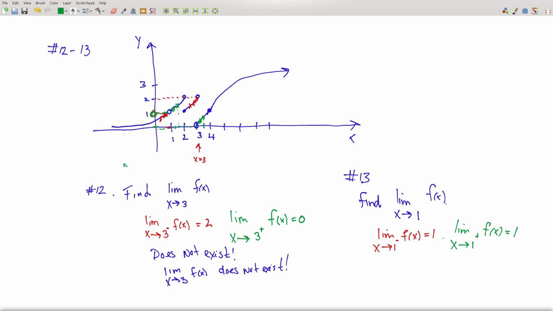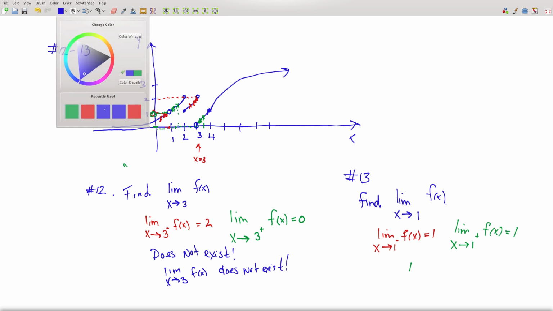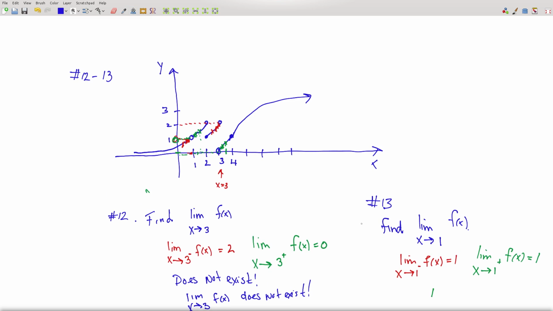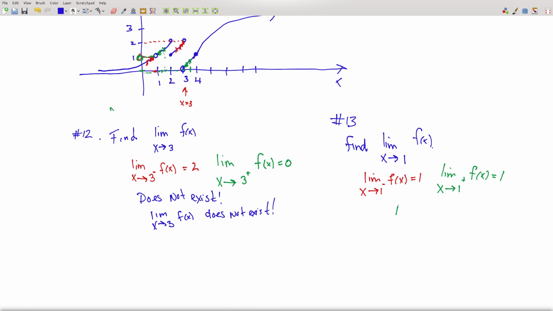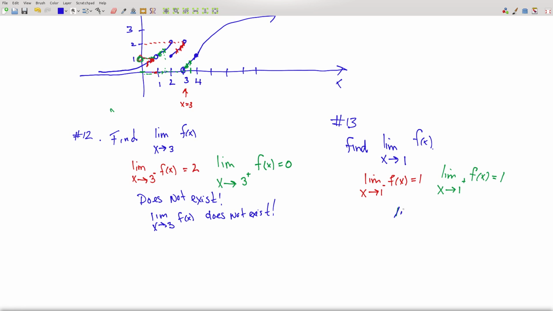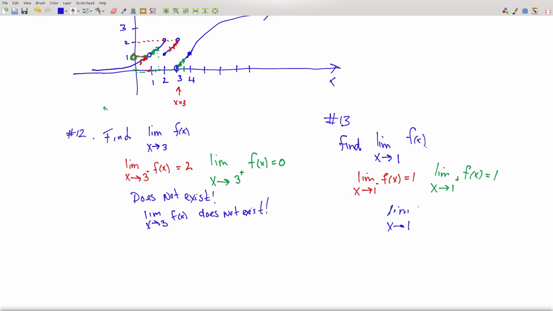Now compare the left-sided limit and the right-sided limit. They are the same, and so we can say that this limit, as x approaches 1, not specifically from the left or from the right, but just as x approaches 1 from either side, of f of x is equal to 1.